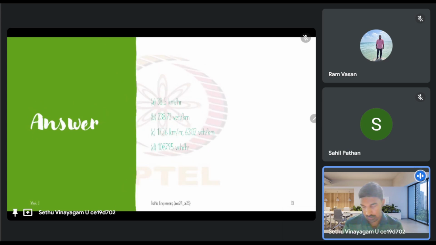Okay, so free flow speed is 38.5 kilometers per hour. Jam density is 238.73. The speed at optimal flow is 17.26 and density is 63.02 and then the lane capacity is 1087.95. Right, so but how do we obtain this?